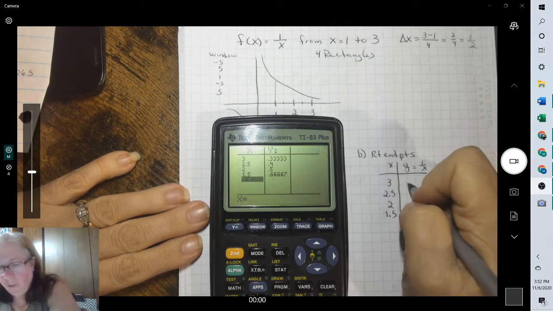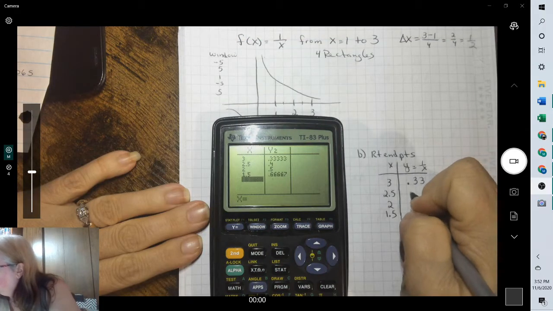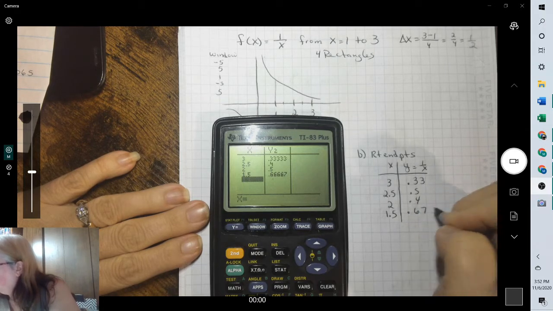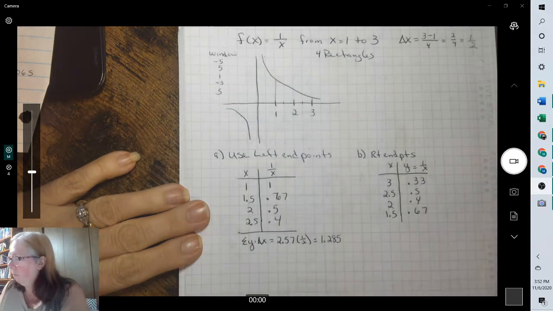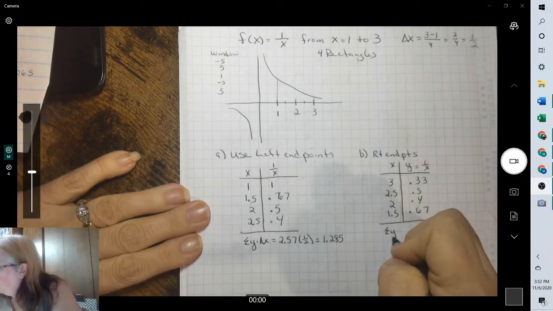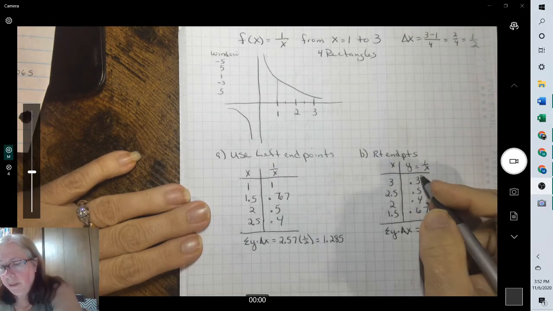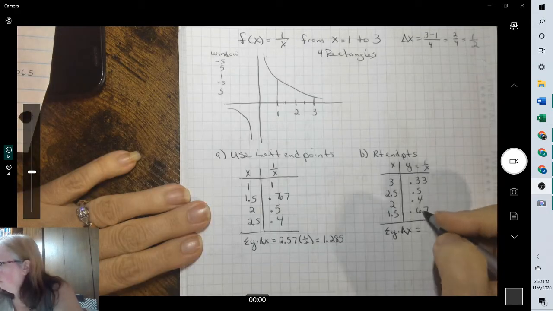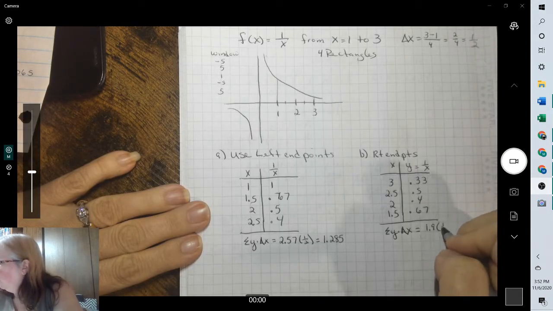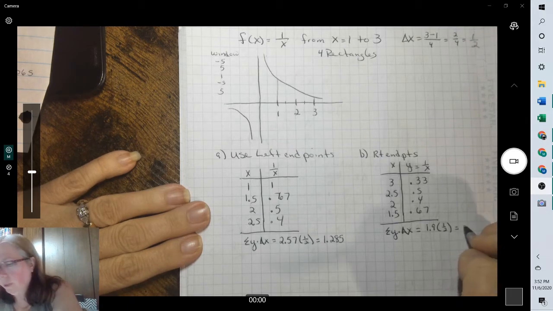And we get 0.33, 0.5, 0.4, and 0.67. Add up the y, multiply by your change in x. So if we add those 4, you should get 1.9 times 1/2 equals 0.95.